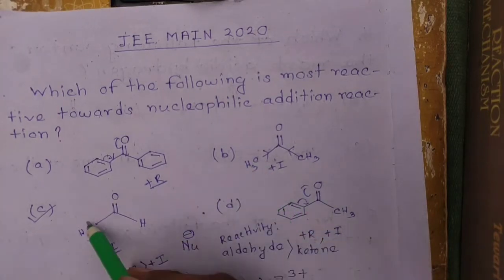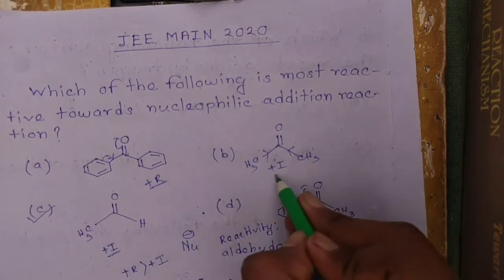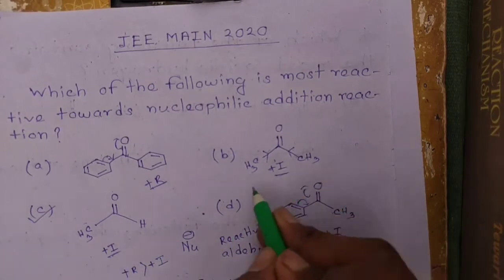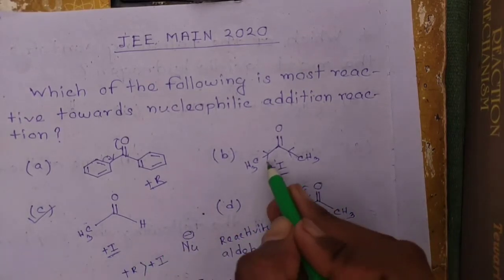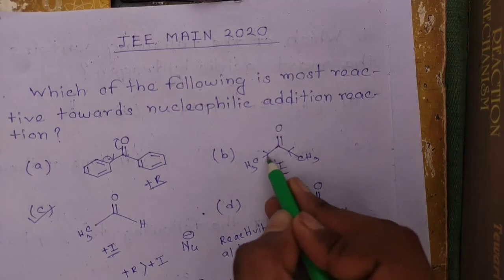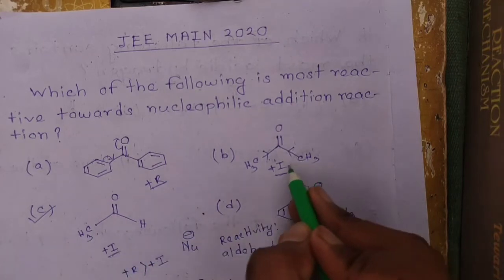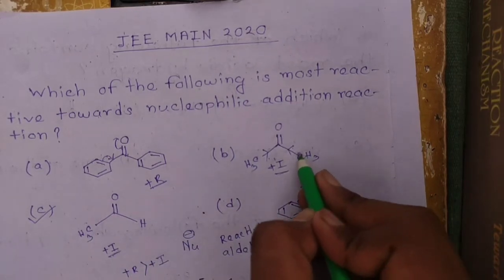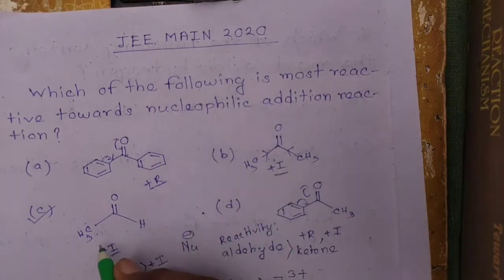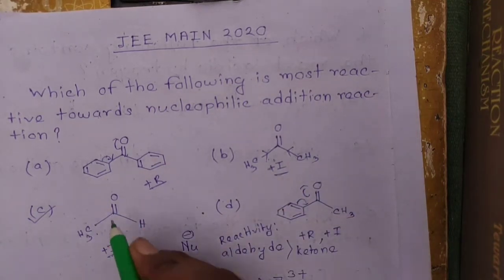So between B and C, both have plus I effect. Here the only difference is there are 2 methyl groups and there is just 1 methyl group. So the plus I effect is greater in this compound, and hence the reactivity of this compound is greater.